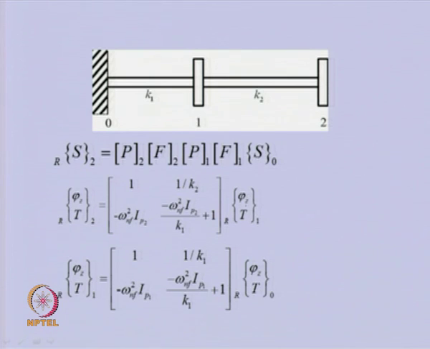If we want to get the state vector for right of 2, that means here, and right of 1, for that we know this is the U matrix, which is the multiplication of P and F. Similarly, from station 0, if we want the right of 1 state vector, we need another transfer matrix corresponding to 1, and this is U2.